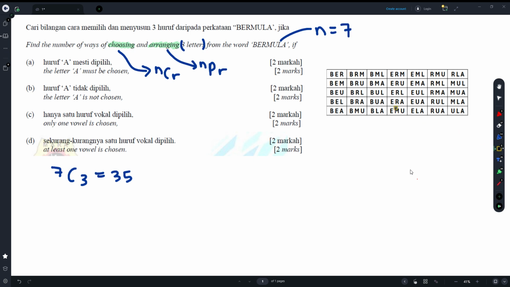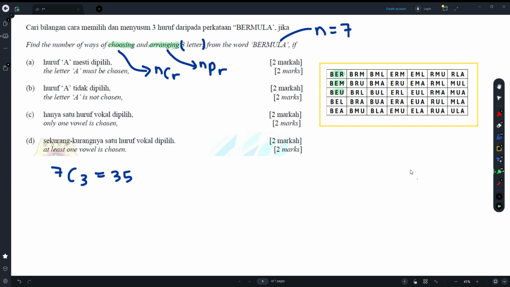Okay, so as you can see on the right here, which I highlighted in a yellow box for you, I have already listed down all the 35 combinations that you can get from these 7 letters when you choose 3 from them. A few examples that I can give you are BER, BEM, BEU, and so on.